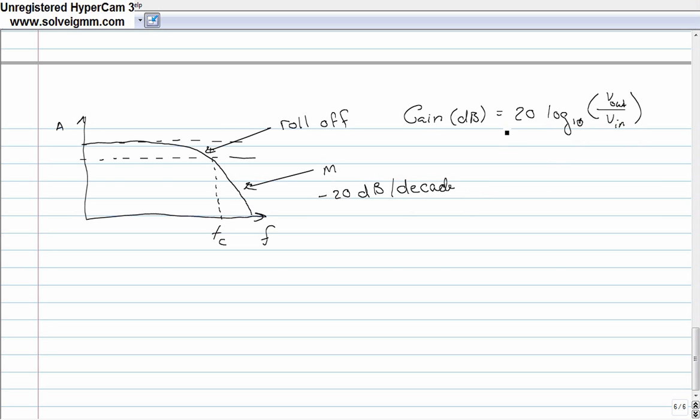We'll talk about that in a little while. So that's what that looks like, and a constant slope. Now, you can tweak where that f sub C is in relation to this roll-off and at what level, which we're going to talk about in just a little bit, and the slope of this line. Again, this is a constant slope. I didn't draw it very well.